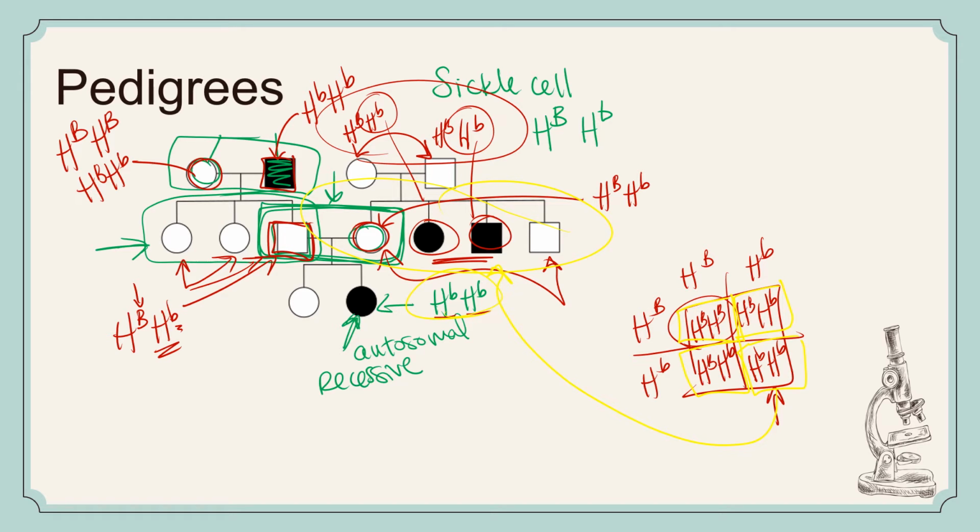Our Punnett squares just tell us that there is a 1 in 4 chance of being homozygous dominant, a 1 in 4 chance of being homozygous recessive, and a 2 in 4 or 1 out of 2 chance of being heterozygous. It doesn't tell us that you're going to have exactly 4 children and each of them has exactly that genotype. Feeling good? All right, let's look at another pedigree with a different inheritance pattern.